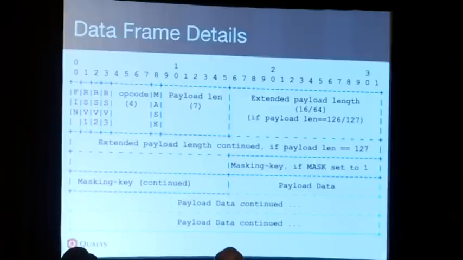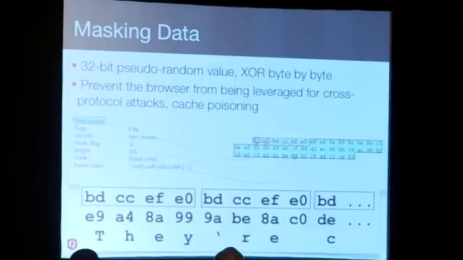And there is also a mask that is transferred with every data frame. And the mask is used to XOR the data in a data frame, and it's done because some of the network devices were confused. They would treat the body of the data frame as some different protocol. So you could have cross-protocol attacks or whatnot.